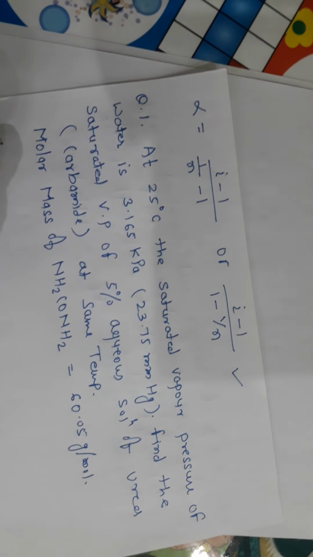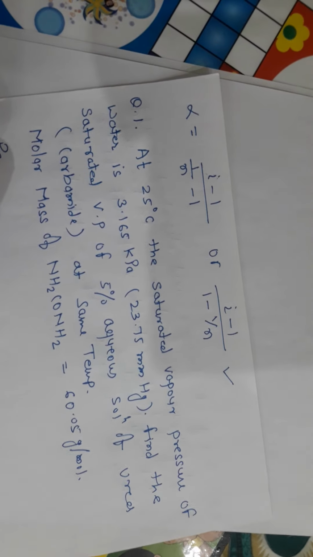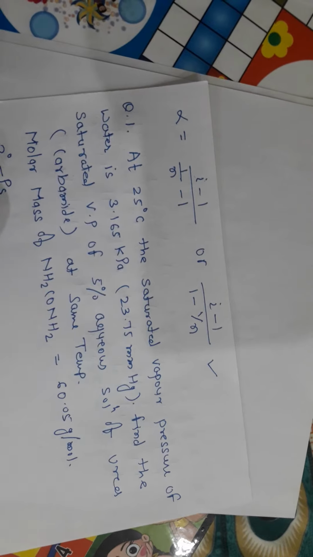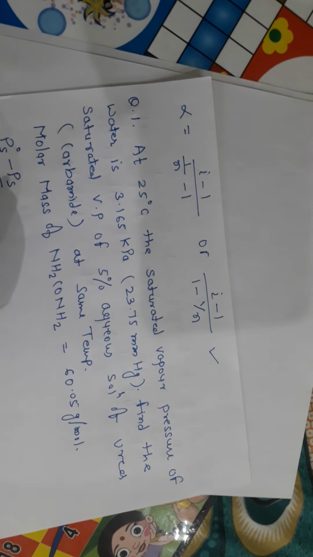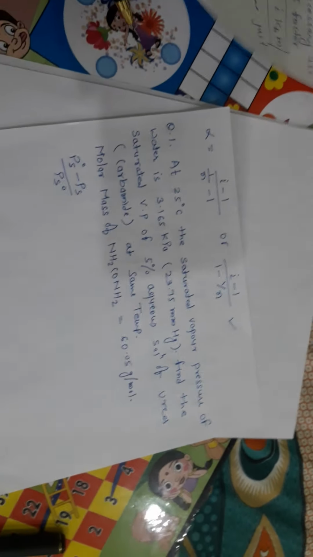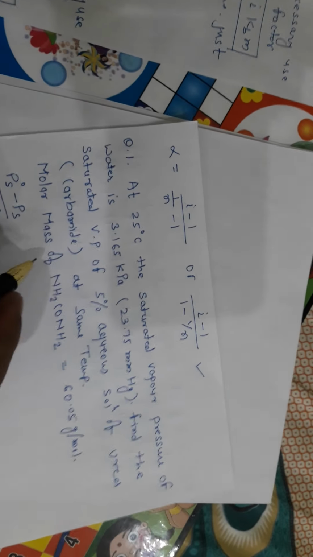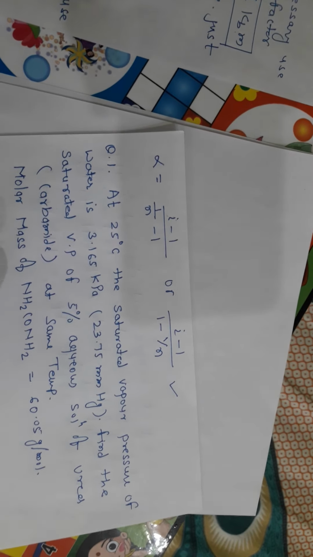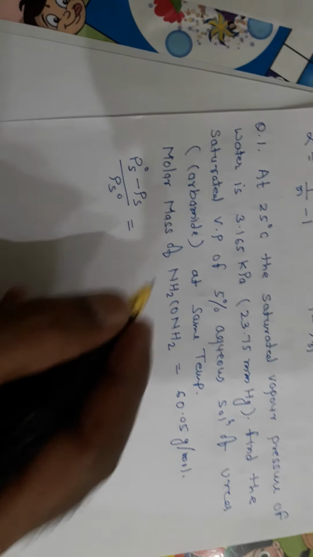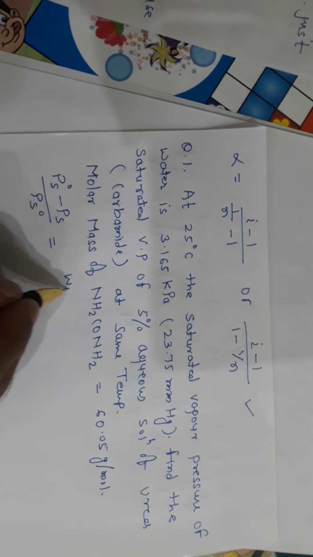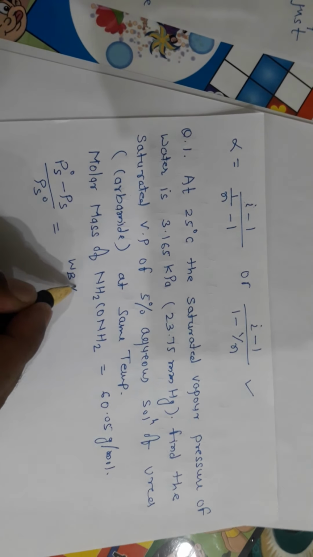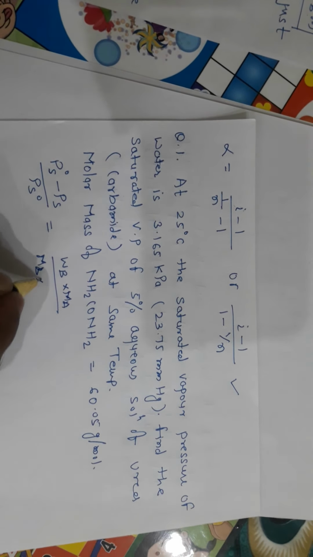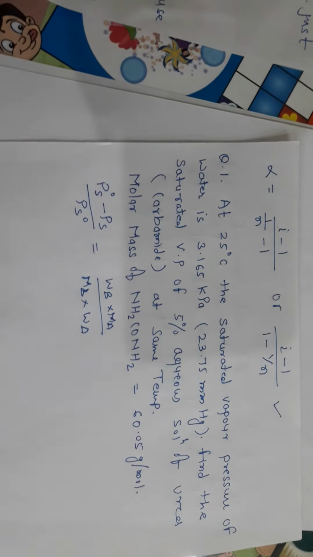Our formula is (PS0 minus PS) upon PS0, or sometimes we write PA0 minus PS is equal to XB, where XB is equal to WB into MA upon MB into WA.